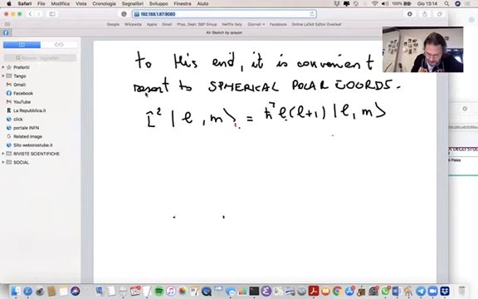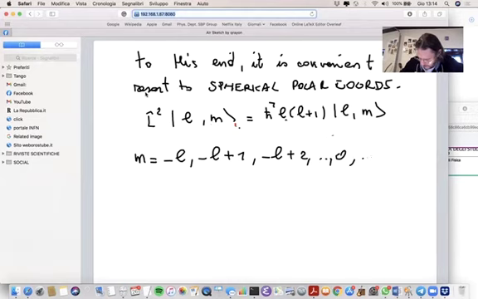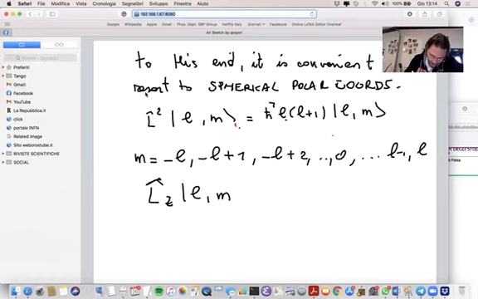So in other words, m is not any integer. m is an integer that goes from minus L to L in unit steps, from the maximum possible value to the minimum value in unit steps. And Lz is nothing but h bar m.